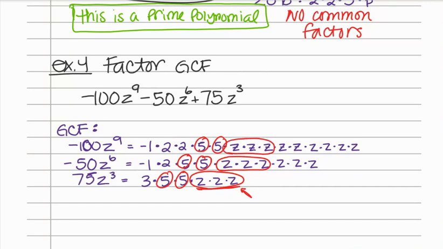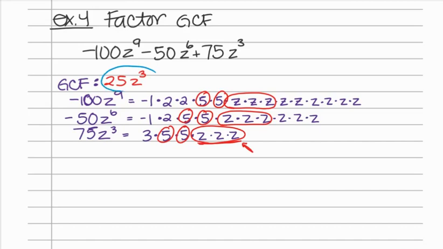Okay, so my GCF is going to be 25Z to the third. So we're going to take the GCF, and that's what we're going to write first, 25Z to the third. And then we're going to go through each term and write what we have left.